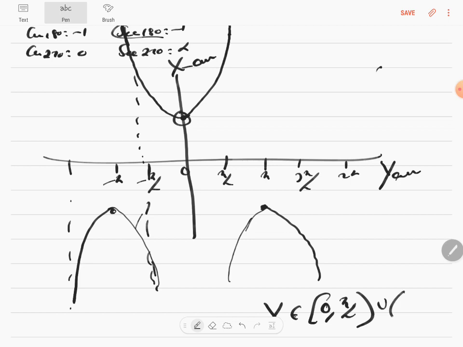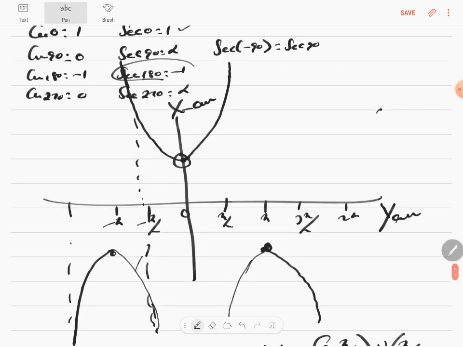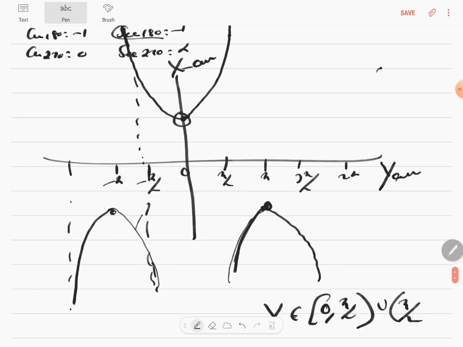Union, again pi by 2 is not inclusive, till about pi inclusive. Till pi you have a graph. Can you see? Where the pi can also be inclusive.